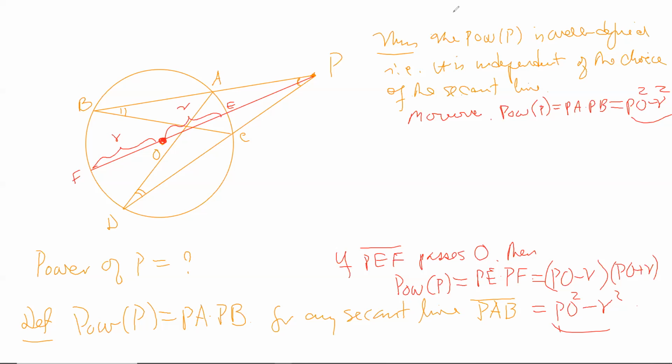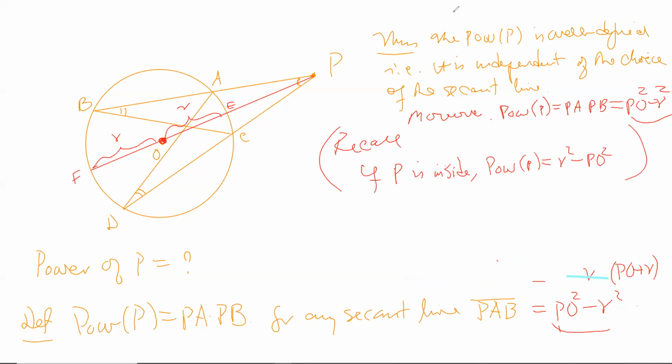In the previous case, recall, if P is inside the circle, then we have the power of the point equal to R square minus PO square, agree? So don't forget that, agree? All right.